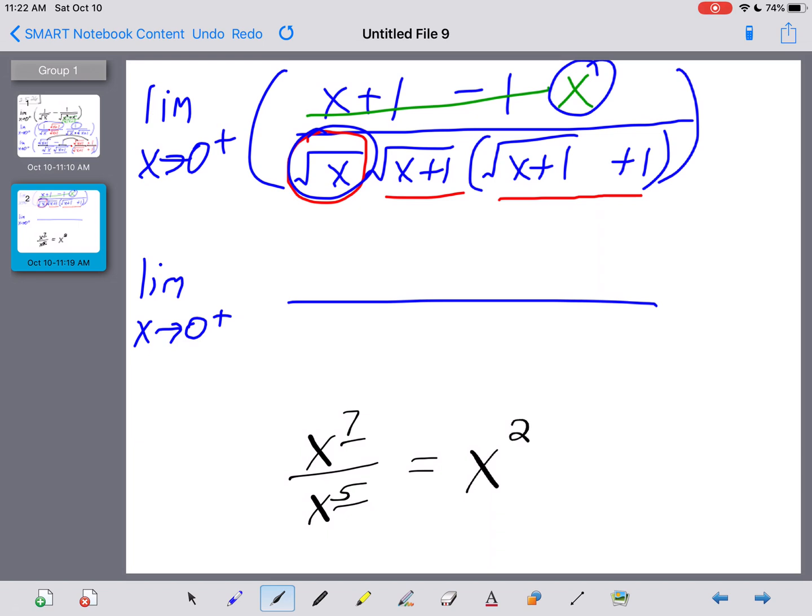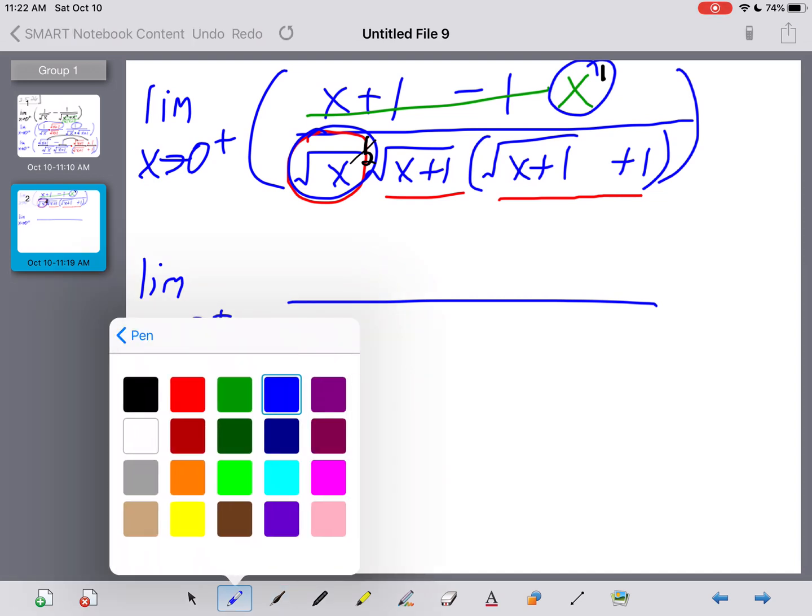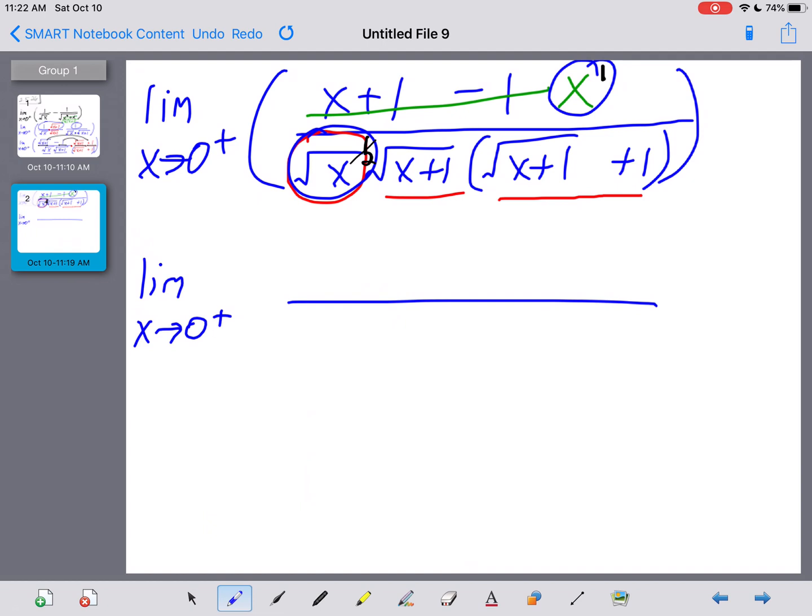Well, in this case, this is an x to the 1st power. This is an x to the 1/2 power. So we do the same thing I just talked about a moment ago. We take the numerator exponent minus the denominator, and 1 minus 1/2 gets us an x to the 1/2 on top, or just a square root of x.